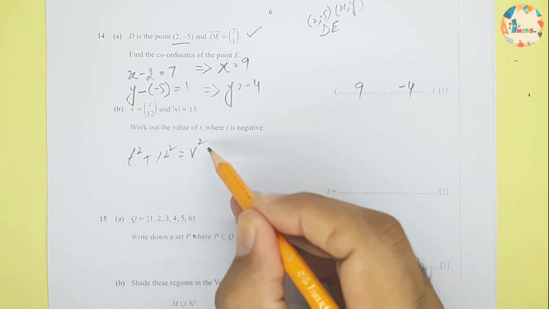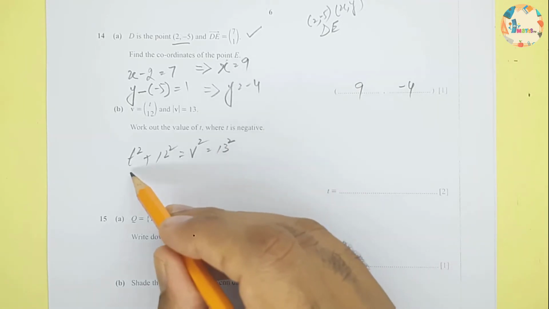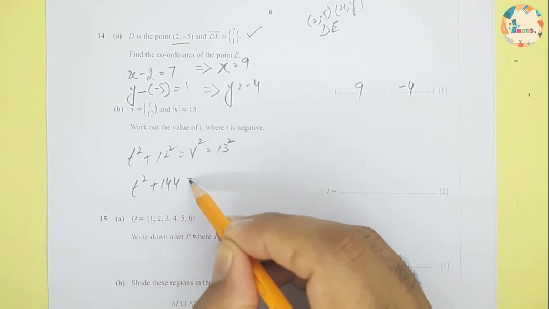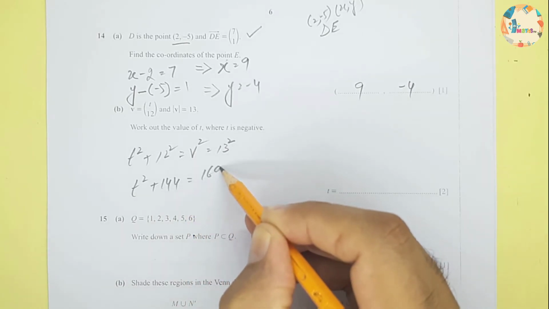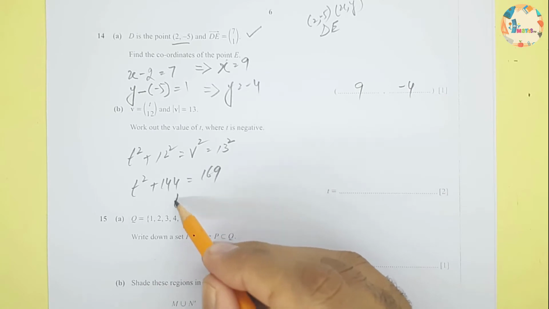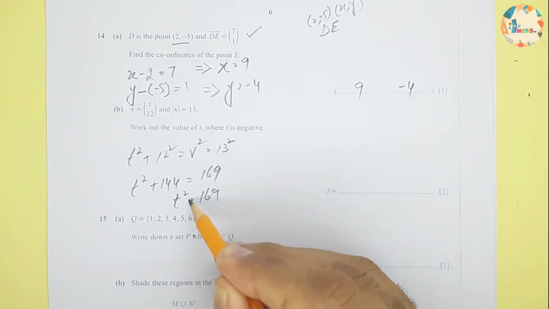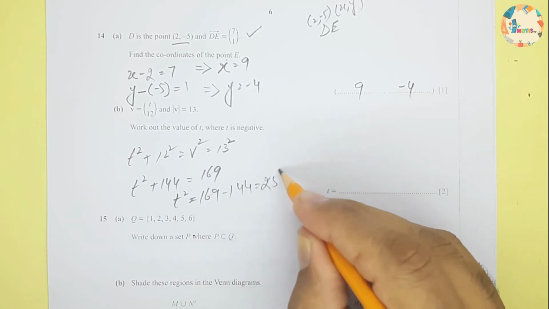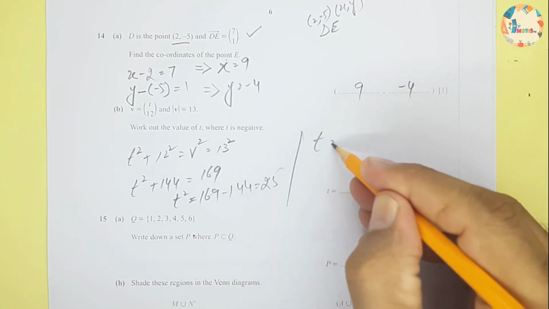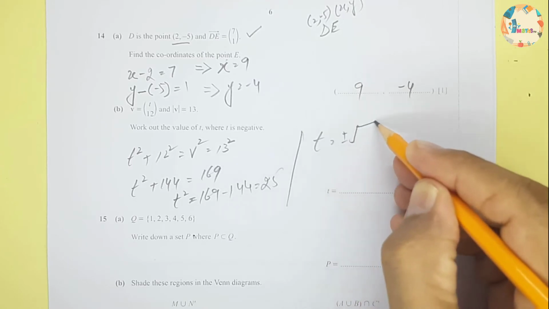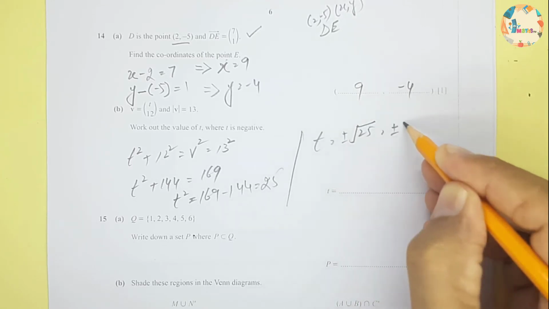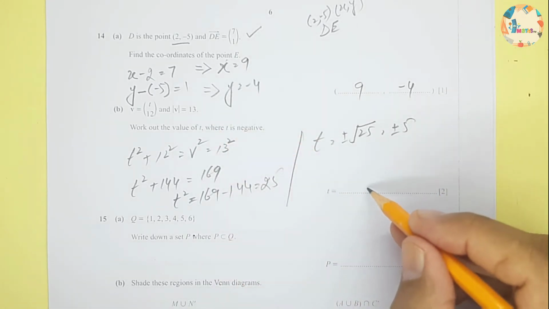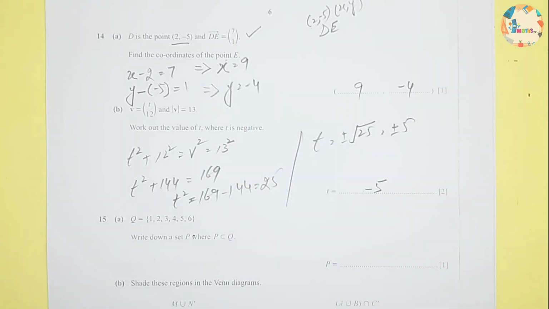And this is basically 13 square, so t square plus 144 is equal to 169, and t square will be equal to 169 minus 144, which is equal to 25. So t is equal to plus minus root of 25, which is plus minus 5. They have given us that t is negative, so it will be minus 5. The answer will be minus 5.